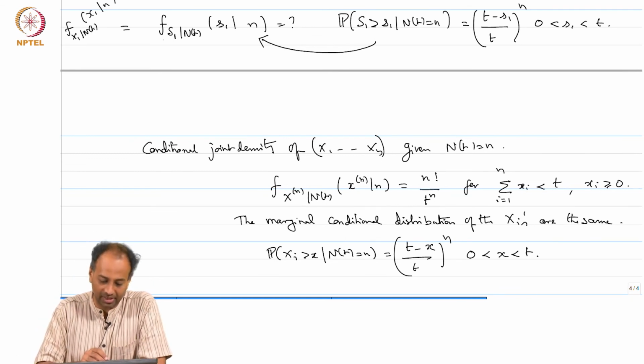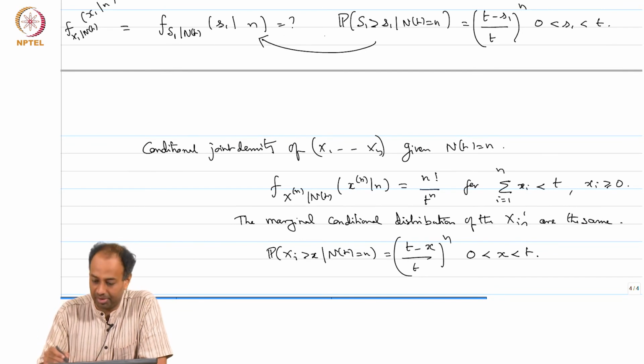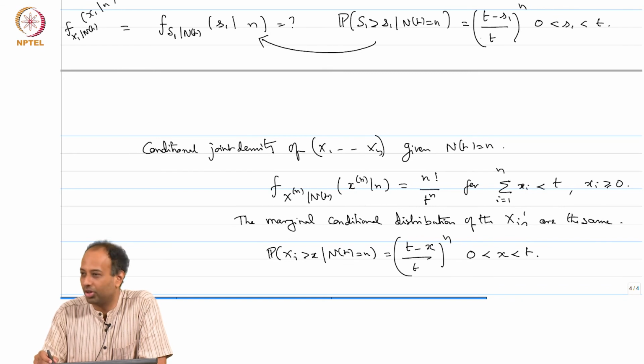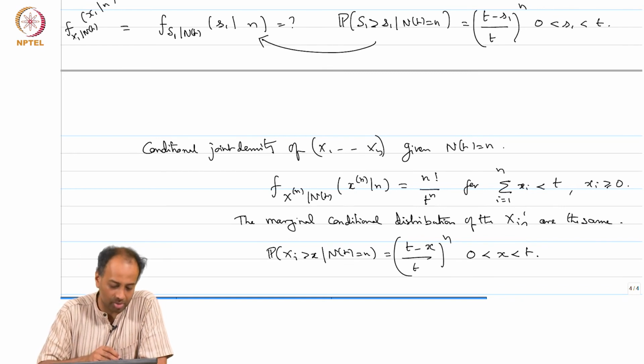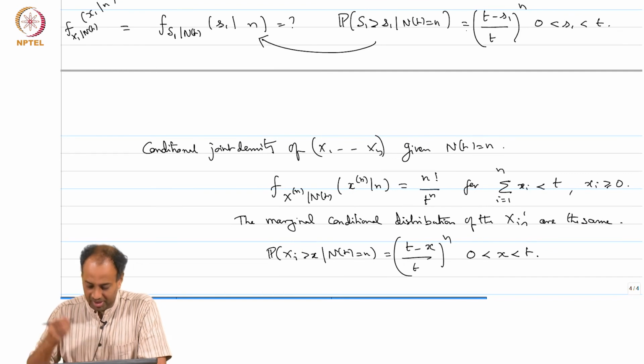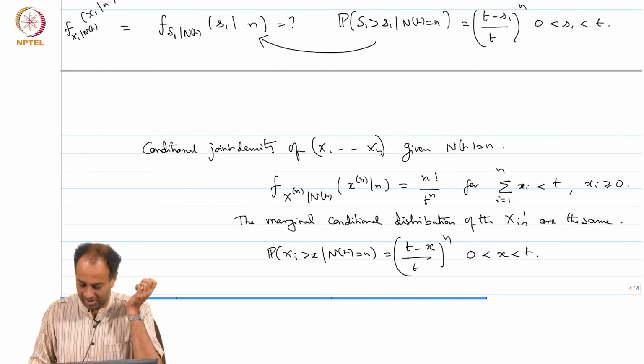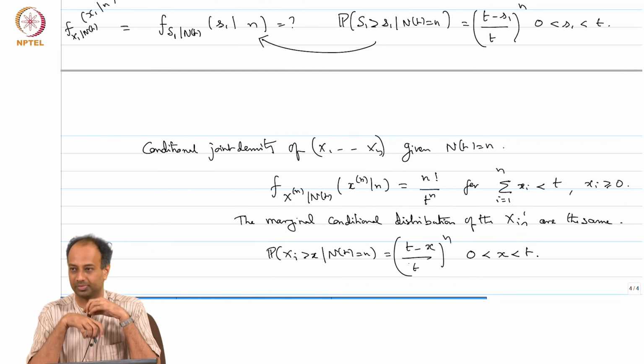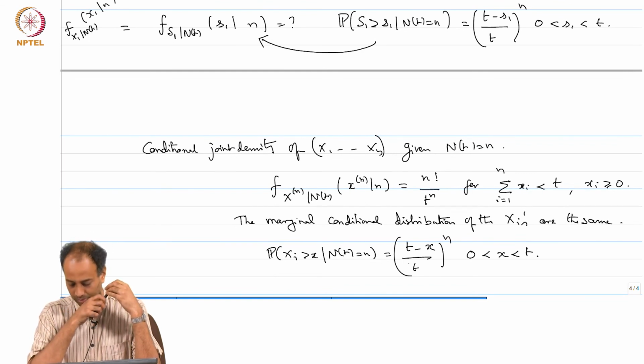See, I calculated the marginal density of S1, the first arrival time, using the uniform order statistic property, which turns out to be the same as X1, so the density of X1 is this. But these xi's are perfectly symmetric. So, each of these xi's has this kind of a distribution, all right.